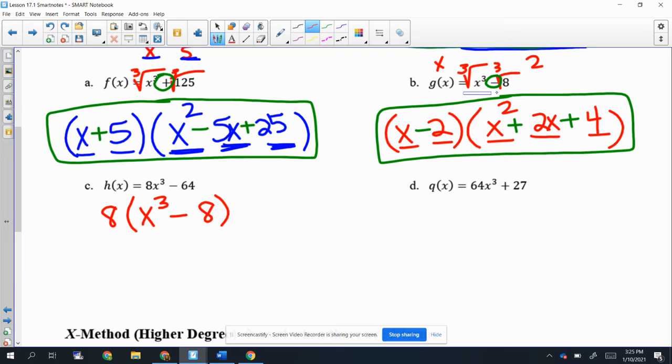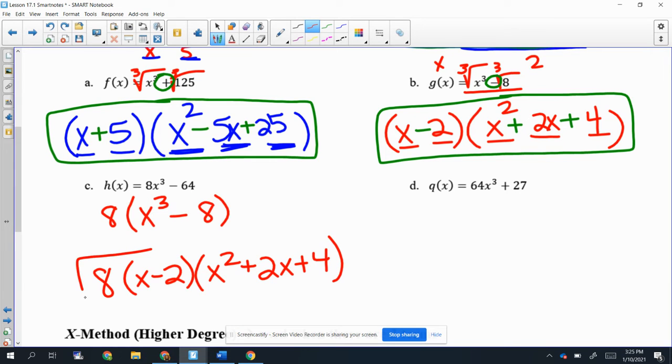And we actually just did x cubed minus 8 here. So I'm going to write that exact same answer because it's going to work out the same way. But I'm going to put that 8 out front. So we know, okay, we took out a GCF in the beginning. So this would be your final answer.